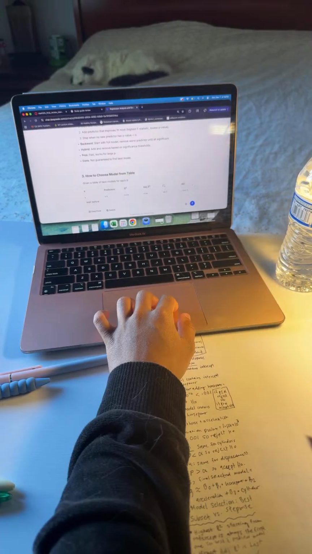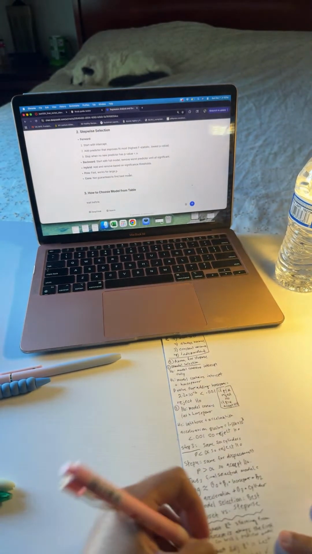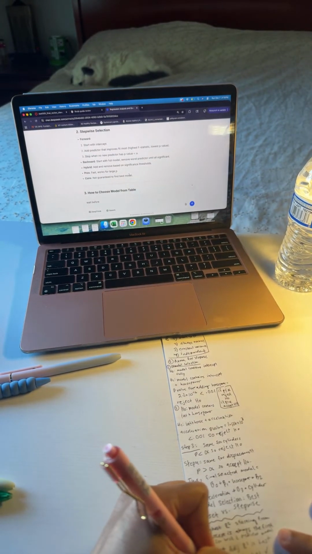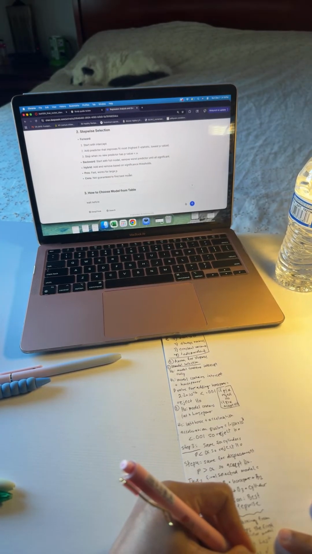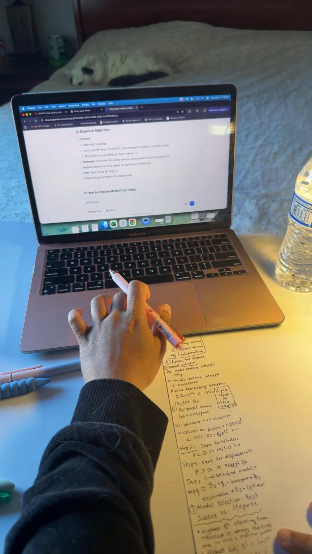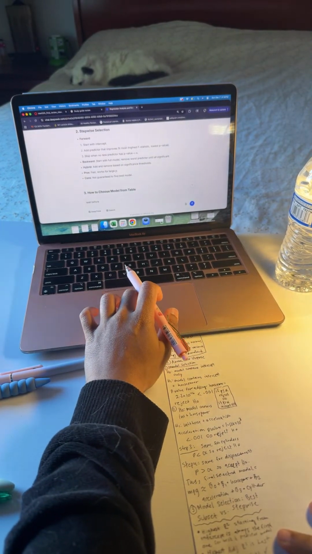Okay, so full stepwise selection. Start with intercept, add predictor that improves fit most.